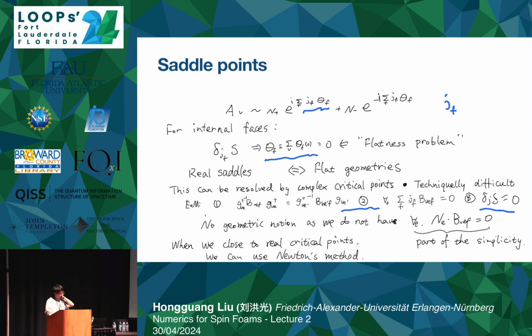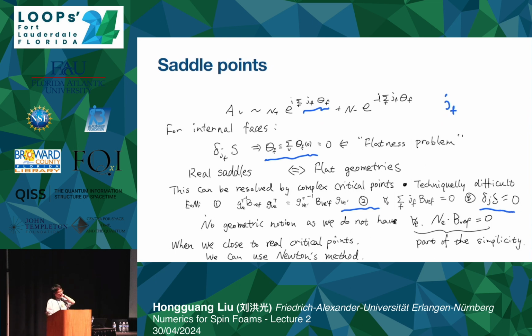So in general, it's very hard. As I said, these are polynomial equations, but of very high order, because for a single vertex we have 44 of them, and for a simplicial complex we have hundreds or thousands of equations. To find all the complex critical points is generally impossible. You can try to do it, but it's really hard.